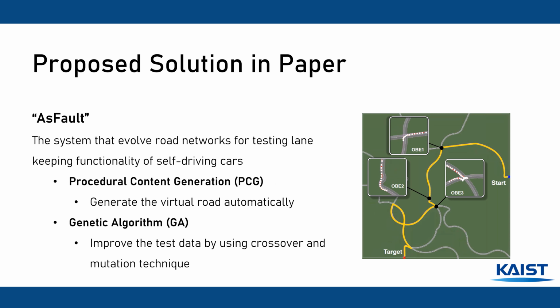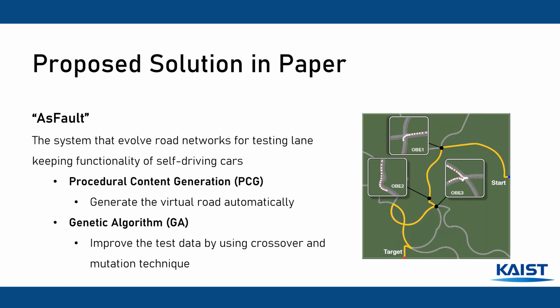It consists of two main parts: procedural content generation (PCG) and a genetic algorithm (GA). PCG generates the virtual road automatically, and GA improves the test data by using crossover and mutation techniques.